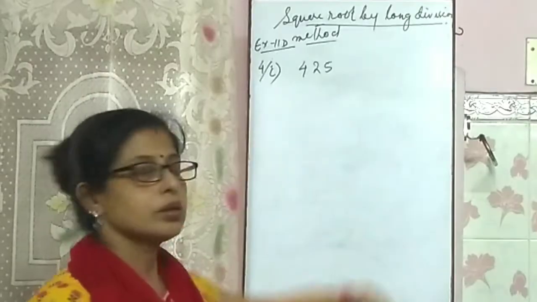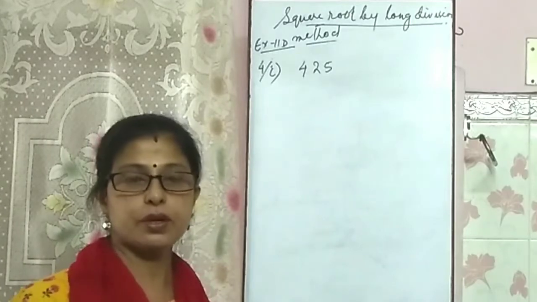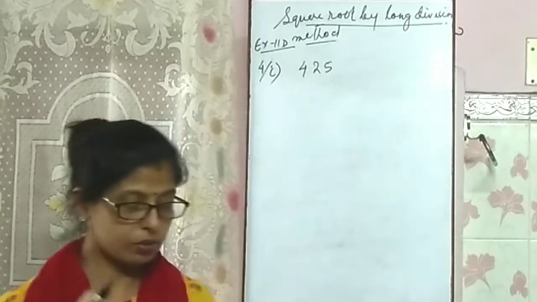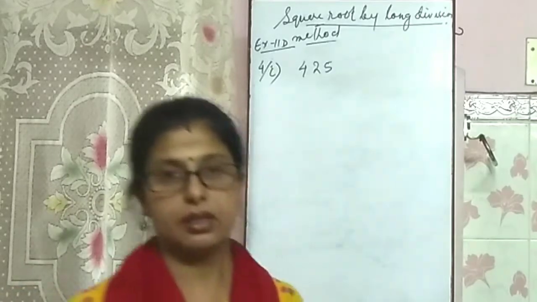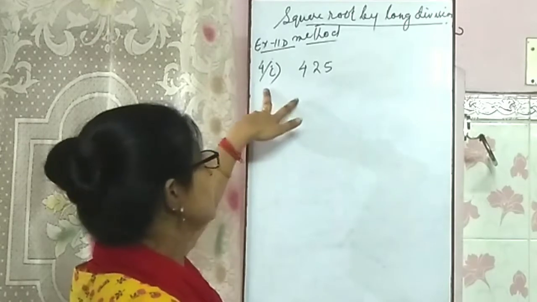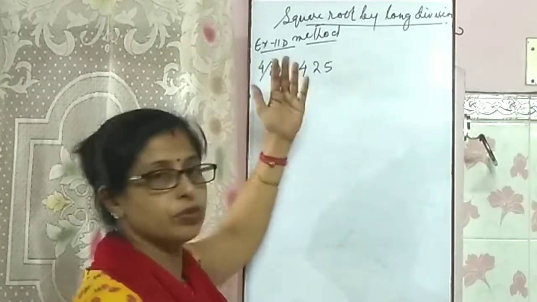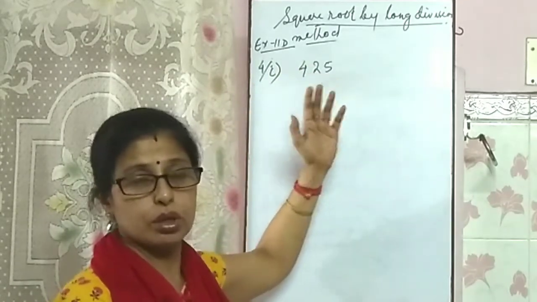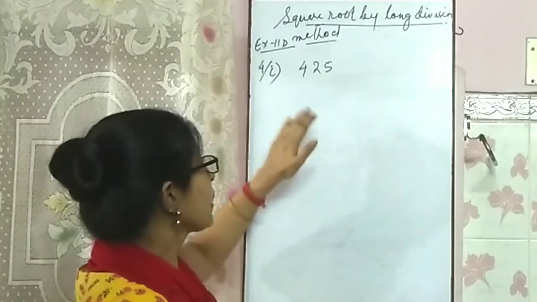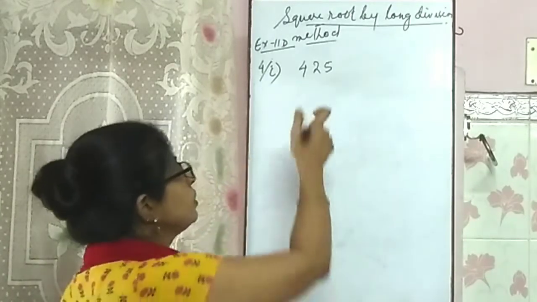Okay. Here I am taking one example from Ratnasagar book of class 8. The exercise 11D, there is a question number 4. Beforehand I have taught you how to solve all those questions. Here is a number.